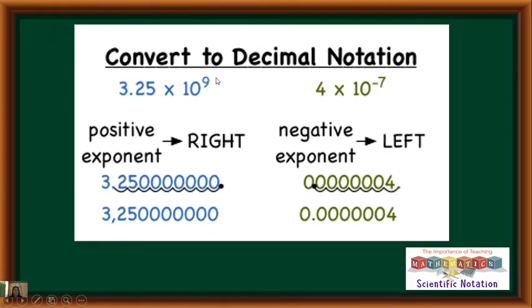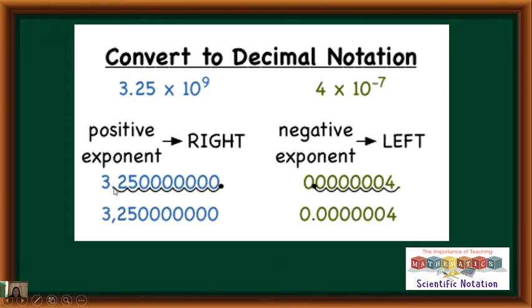So this will be your hint on how to convert the scientific notation to decimal notation. From the original location of the decimal point, the way of moving it depends on the given exponent. If it is positive, move to the right. If it is negative, move to the left. The exponent is 9, so you are going to move 9 times going to the what? Going to the right.